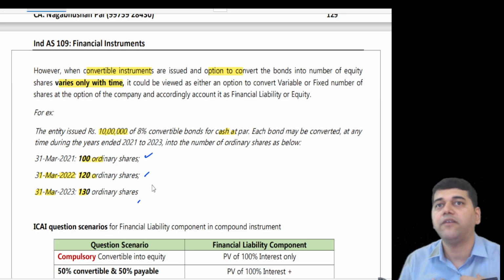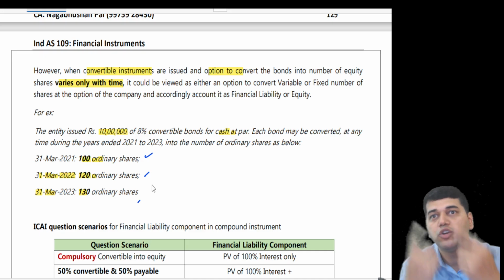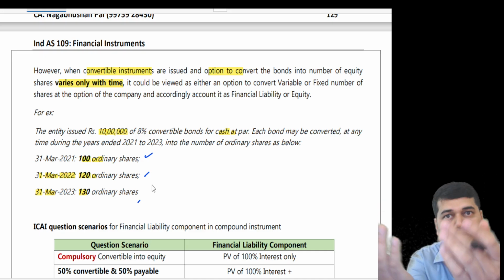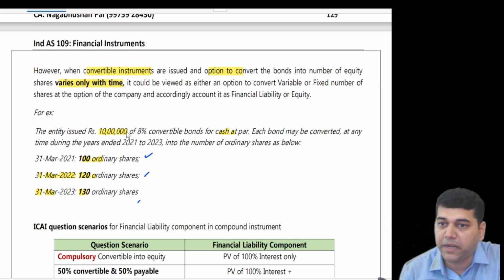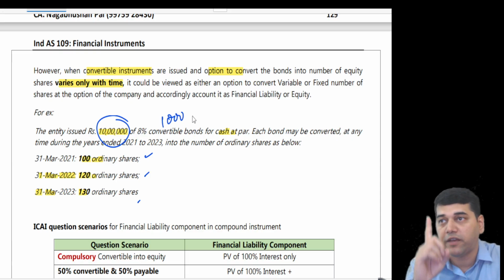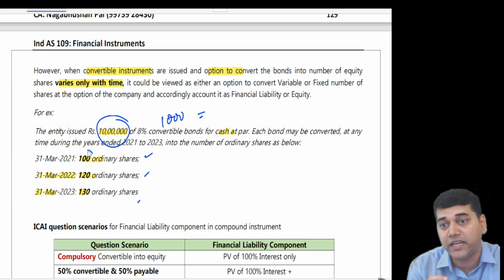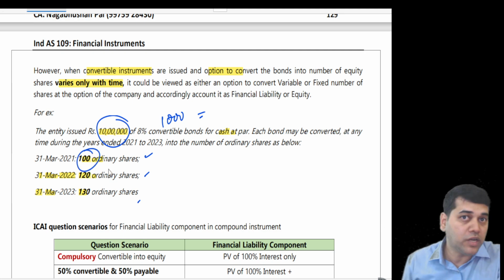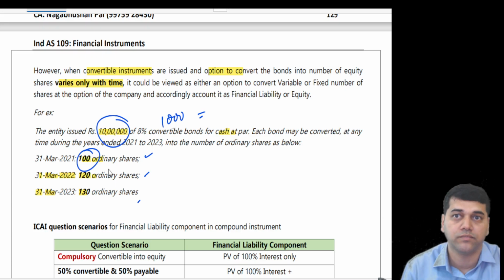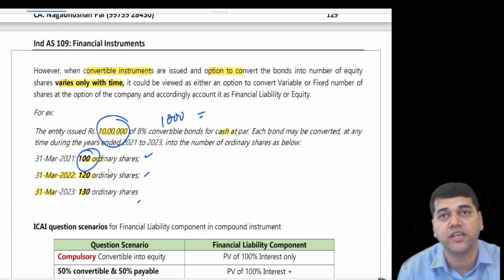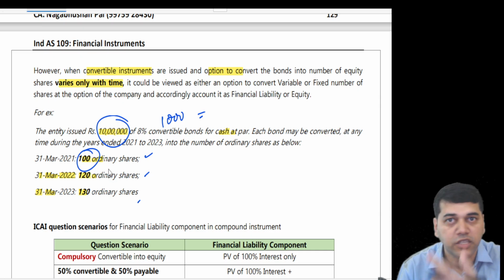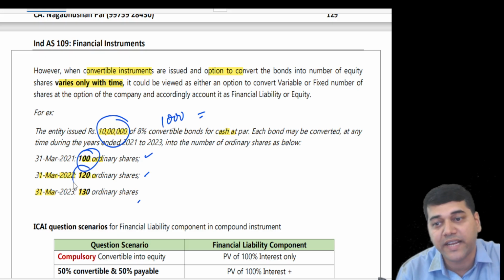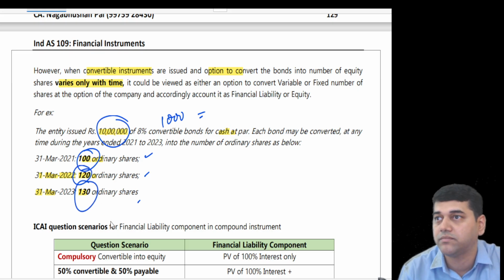Like I have issued a bond to you, debentures to you, and you have given money to me, and I have told you, look, you have paid me 10 lakh, and you have purchased 1,000 bonds, right? For every single bond, I will give you 100 shares if you convert at the end of the first year. And who has got the conversion right? You have got it. You are the holder, right? You are the debenture holder. If you convert in the second year, I will give you 120, 130.